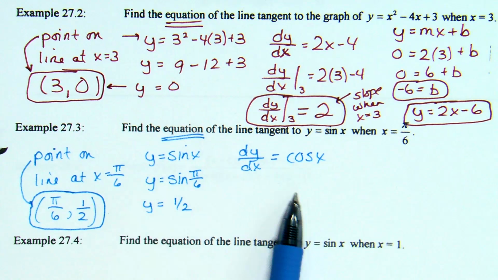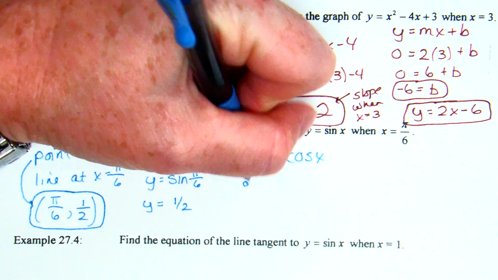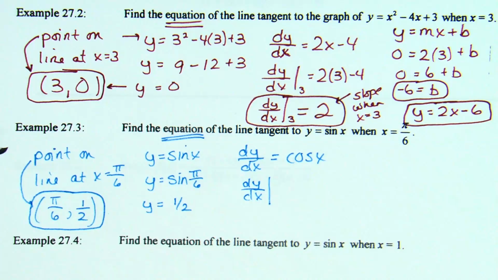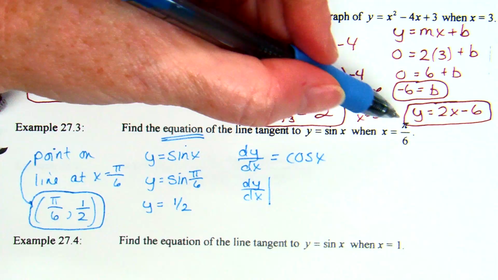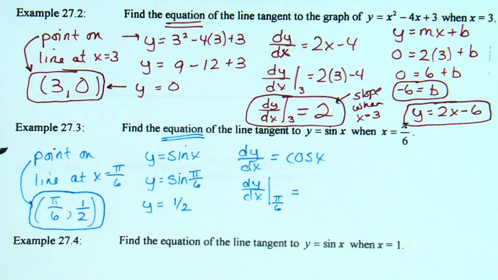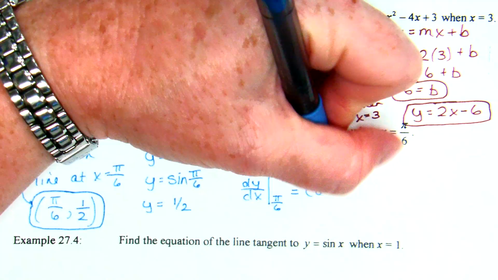And what are we doing then? The derivative evaluated where? When x equals pi over 6. So the derivative evaluated at pi over 6 means I'm going to be doing the cosine of pi over 6.